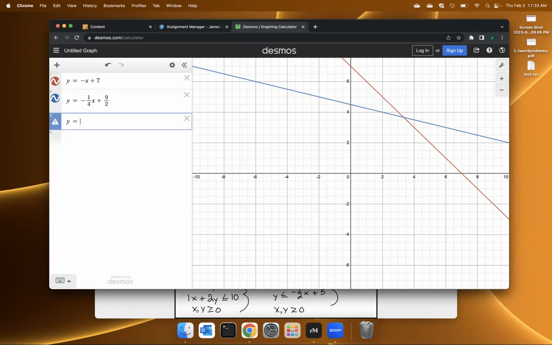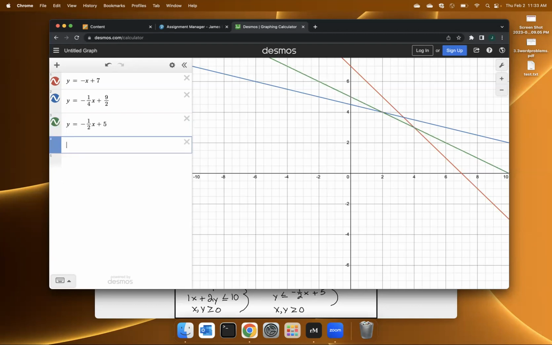So this is the easier way to do that. Negative 1/2 x plus 5. All right, and then we've got our normal x equals 0, y equals 0. So that's just the x and y axes, respectively. Looks like we've got a couple regions that could be what we're looking for, but let's make sure.